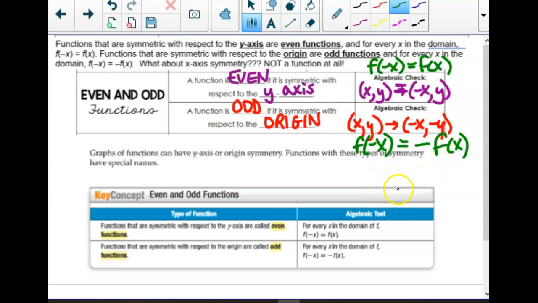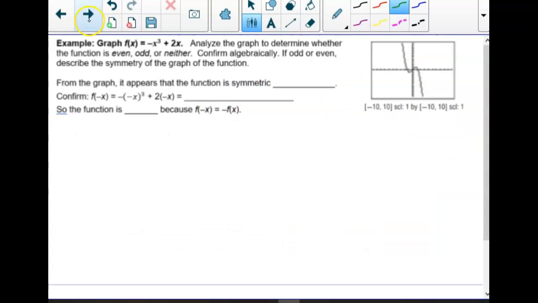Sorry, I didn't put what they wanted in there, but it's the same thing. Everybody got what they want off that slide? I'm not going to ask you, we're just going to look at those definitions.